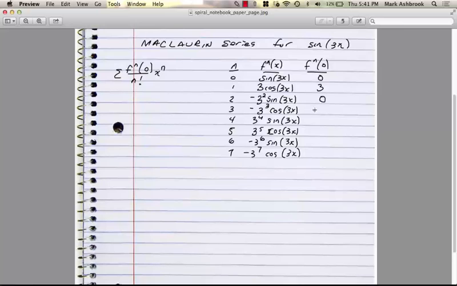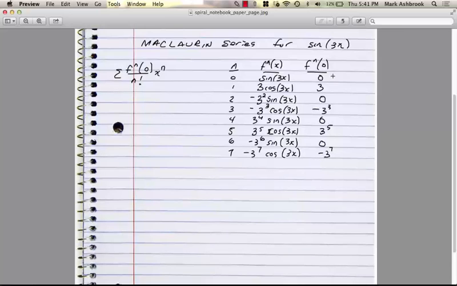Cosine is 1, but then we have -3 cubed. 0. Positive 3 to the 5th. 0. -3 to the 7th. Follow that? So these are our coefficients.